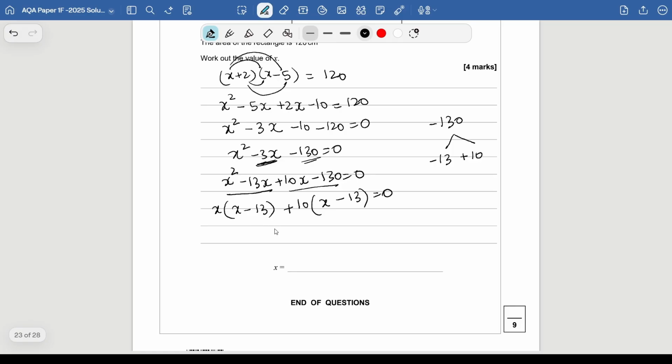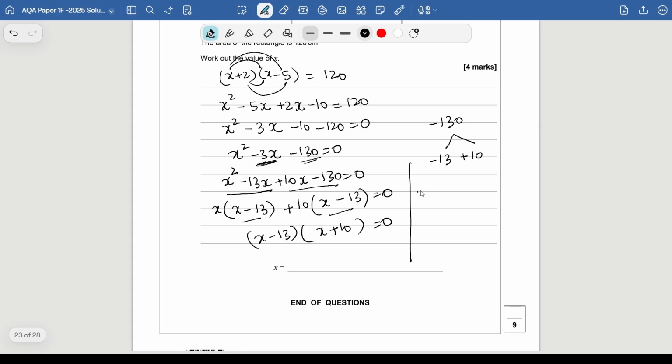Now we can factorize it further. We see these two as the common terms, so x minus 13 comes out. And what remains inside the brackets is x plus 10 equals 0. So now I have factorized it. From this I can find the value of x.